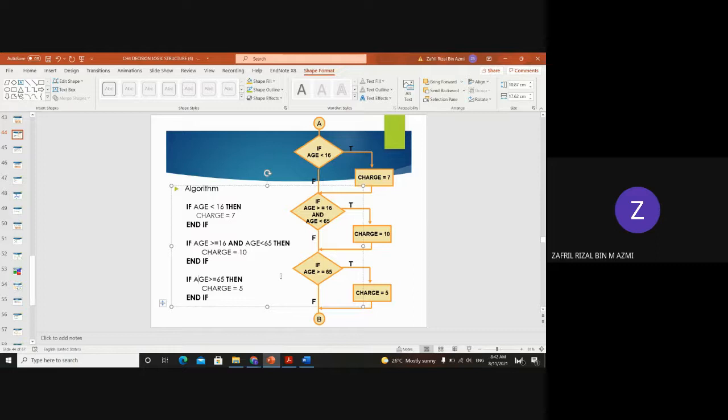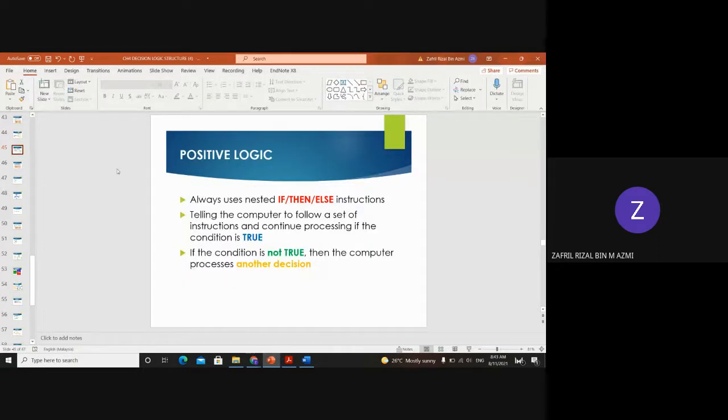Anybody confused with the straight through logic? Okay, so positive logic, we're done with this.